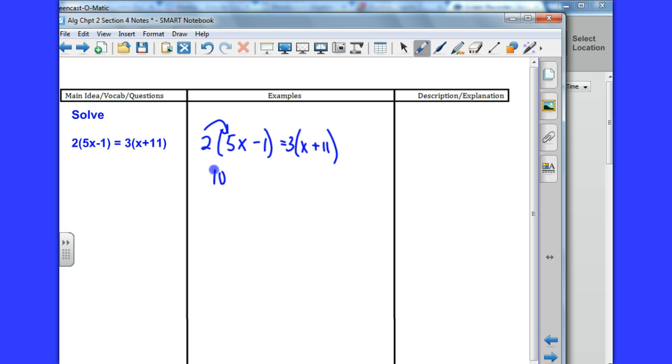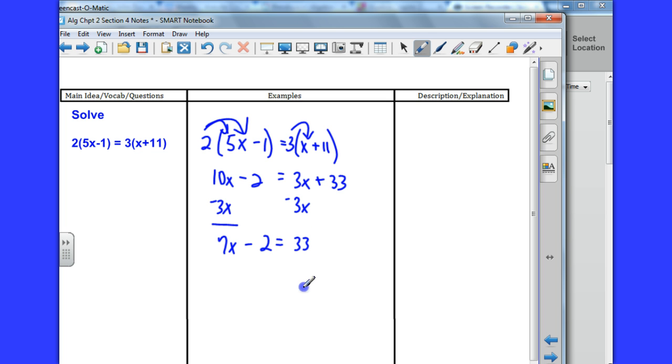I'm going to distribute my 2. It's 10x minus 2. And then over here I have 3x plus 33. What I'm going to do now is move the variables to one side. I have 7x minus 2 on the left, and I have 33 on the right.